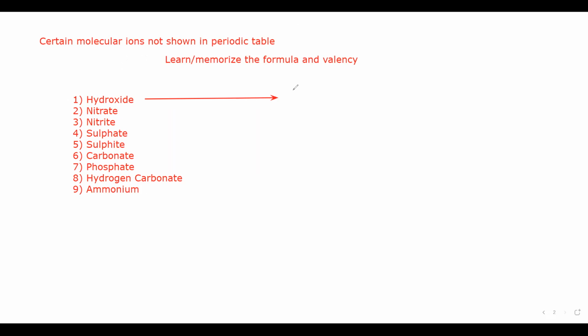So for hydroxide, I want everyone to copy this table at the same time. The hydroxide, it is OH, and the valency is -1. So copy this table so you can have a record of this. For nitrate, it is NO3 with a charge -1.